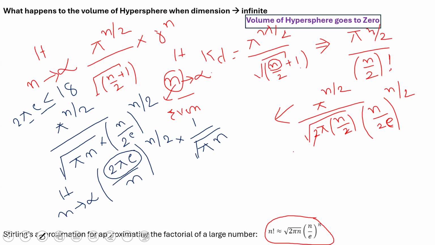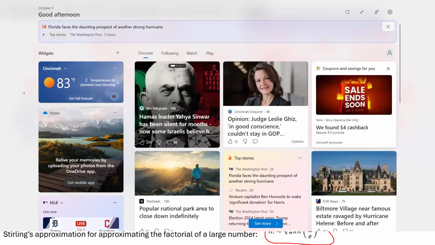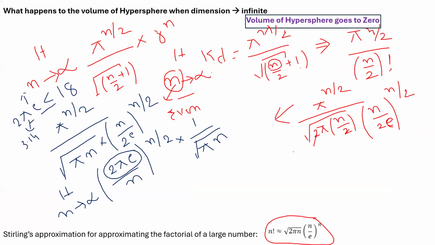Okay. So pi value is 3.14. Value of e is somewhere around 2.718. So the entire value is coming up as about 18. So this is less than 18, and when n value is infinite, what does 2 pi e by n become?